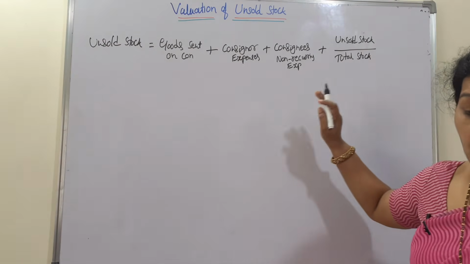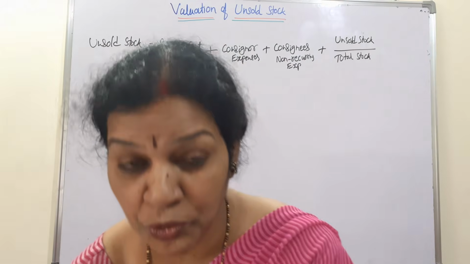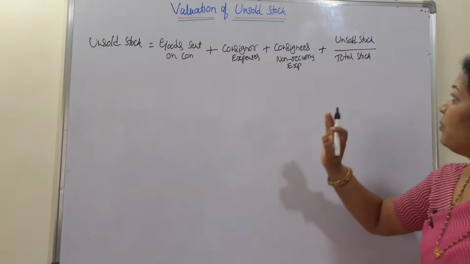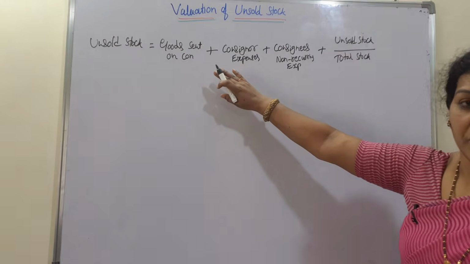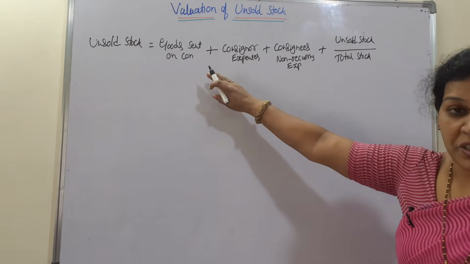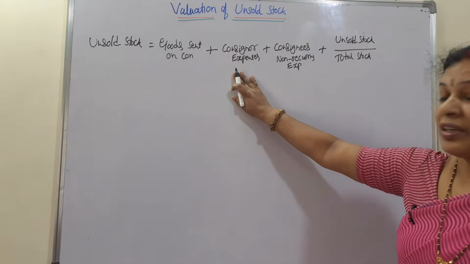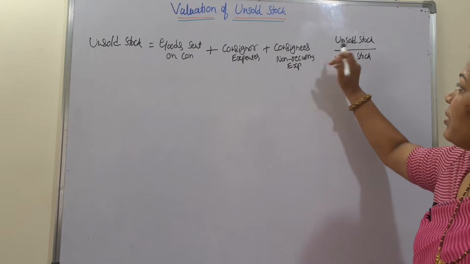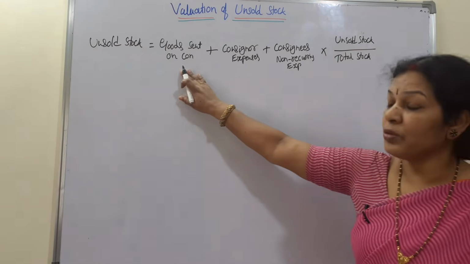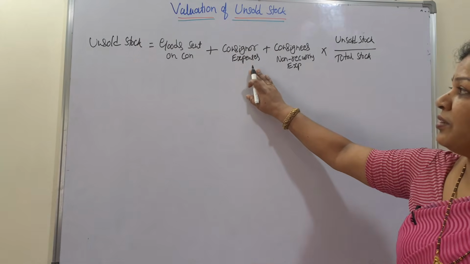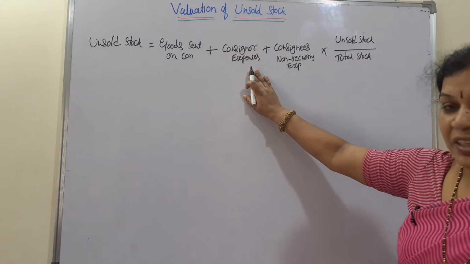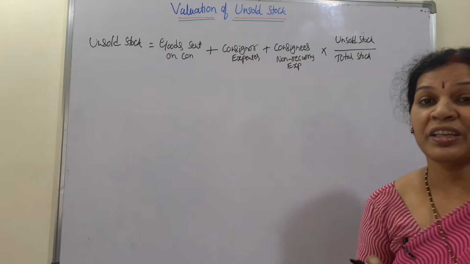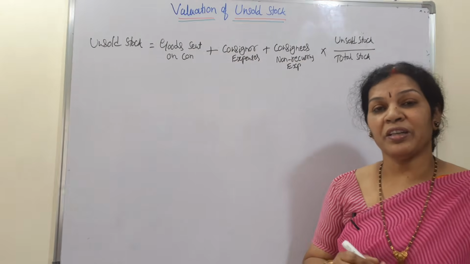So if you go ahead with this, I'll show you through a problem, it will be very clear for you. So goods sent on consignment plus consignor expenses, consignee's non-recurring expenses, it is multiplication. What is non-recurring expenses?